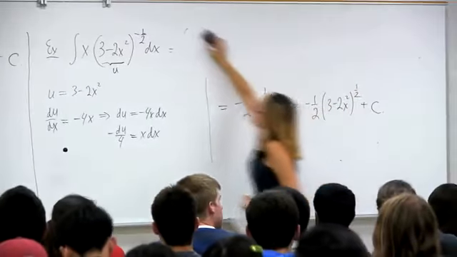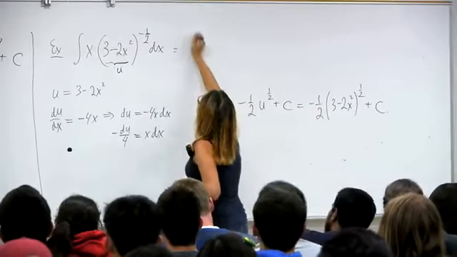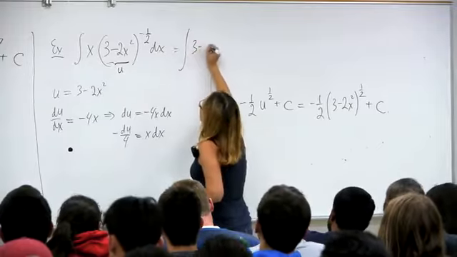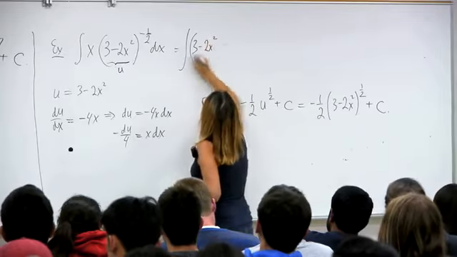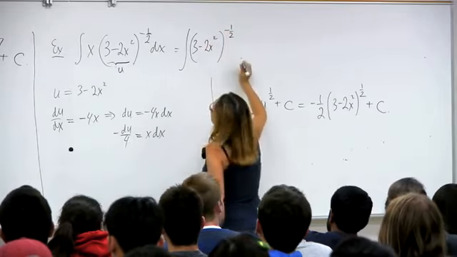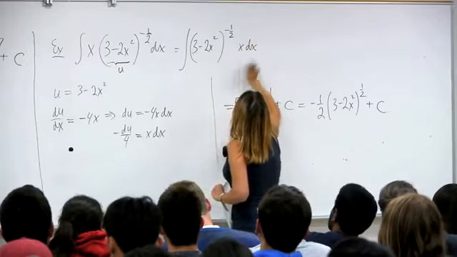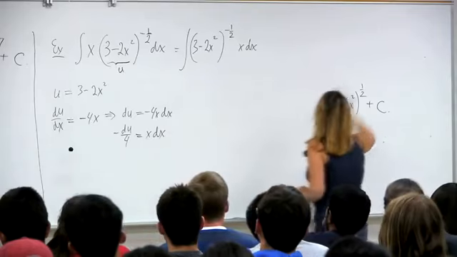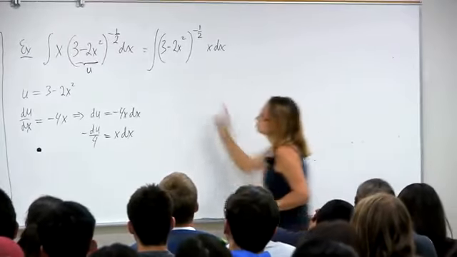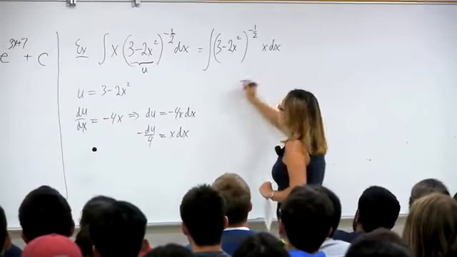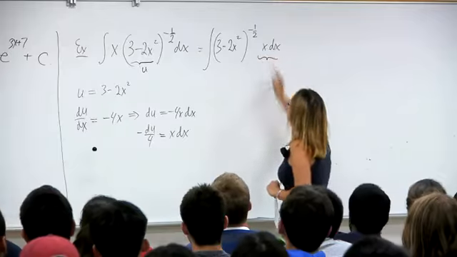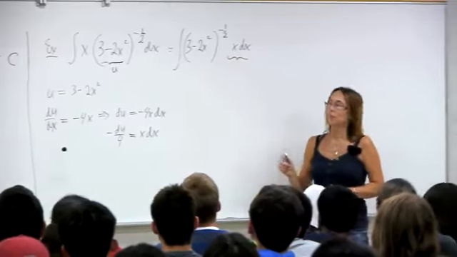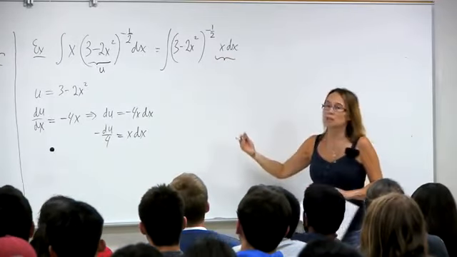Let us regroup this integral like this: 3 minus 2x squared, minus 1/2 x dx. Okay. So the first object here is a function of u, where u is this, and the remainder, x dx, includes the function x.